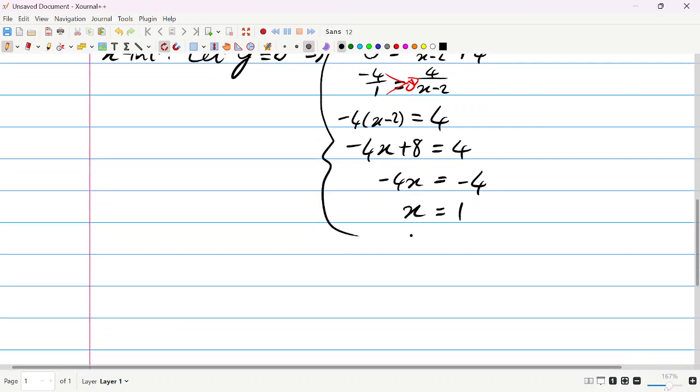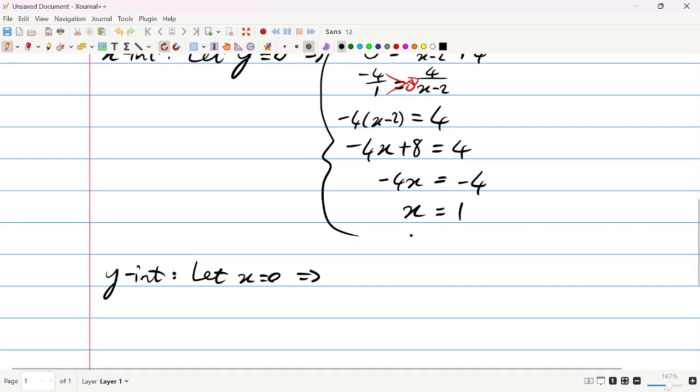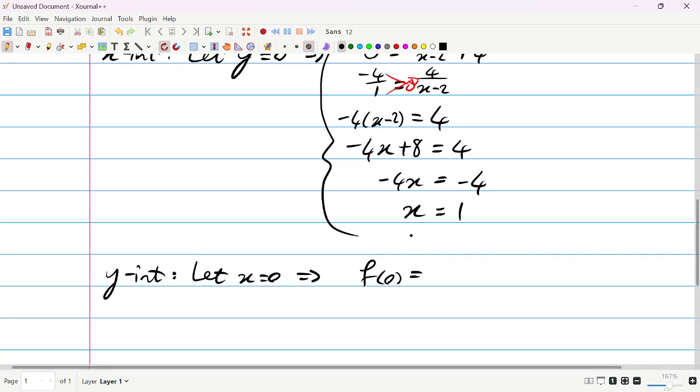Our y-intercept, fairly easier, is when we let x be equal to 0, which implies that we're going to have f of 0 equals 4 over 0 minus 2 plus 4.